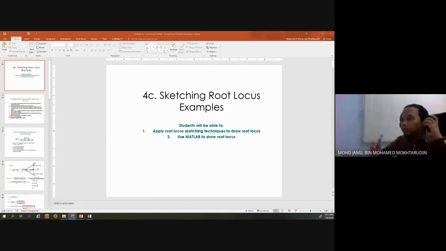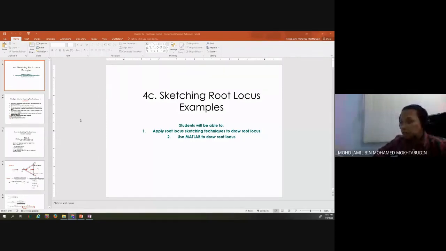Okay, so for today, we are going to look at your quiz 12. So I hope you already have some idea about how to calculate important things in root locus and sketch the root locus, even though you maybe not really understand what you have done.